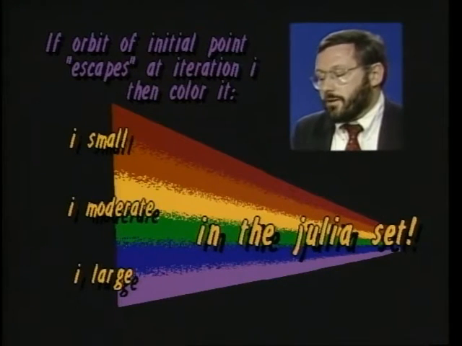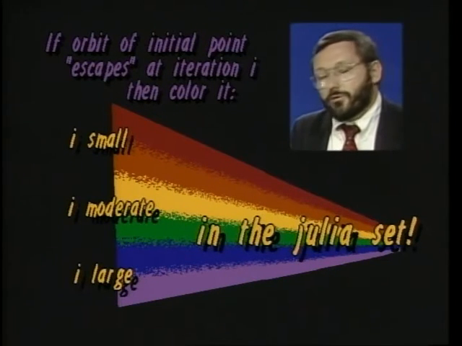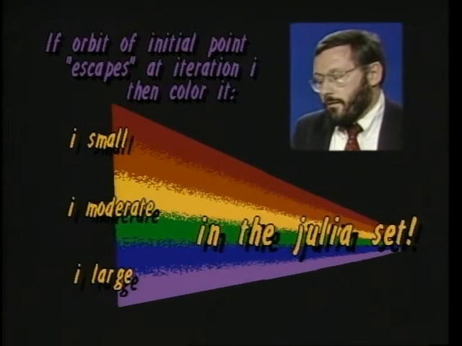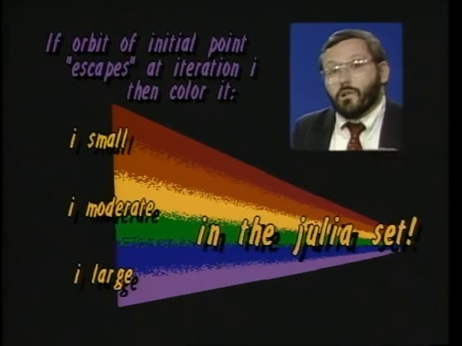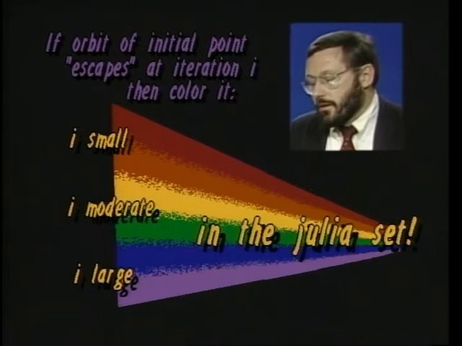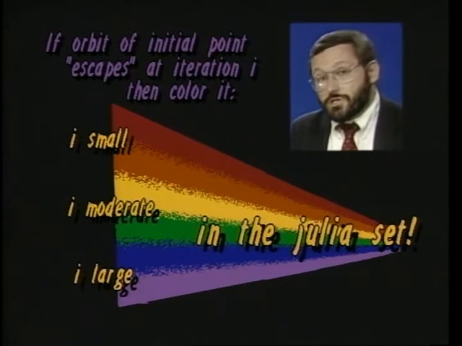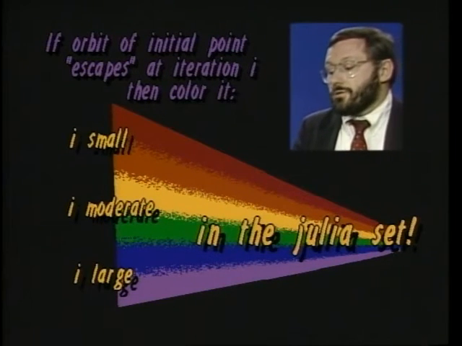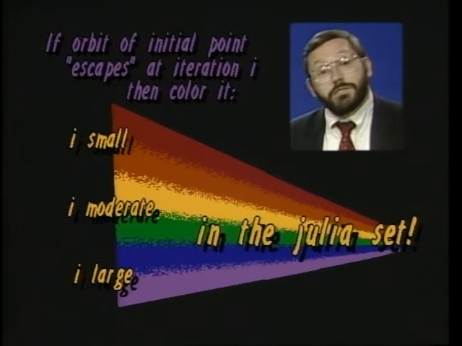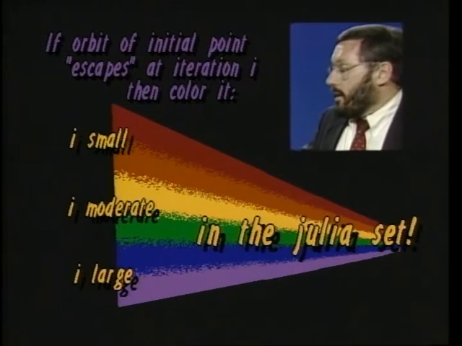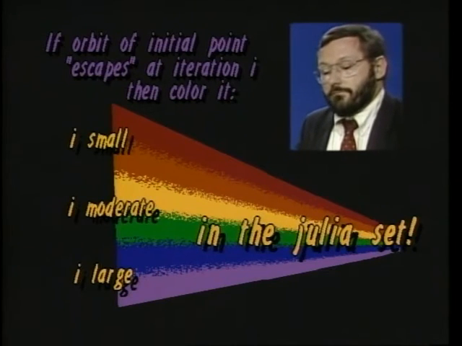They escape very quickly. Points that are yellow or green take a moderate amount of iterations to escape. Points that are blue or violet take a long time before they escape, 100, maybe 200 iterations, but escape they do, so they're in the Julia set. The point is that any point that's colored is a point in the Julia set, whereas any point that's black is a point that's not in the Julia set.